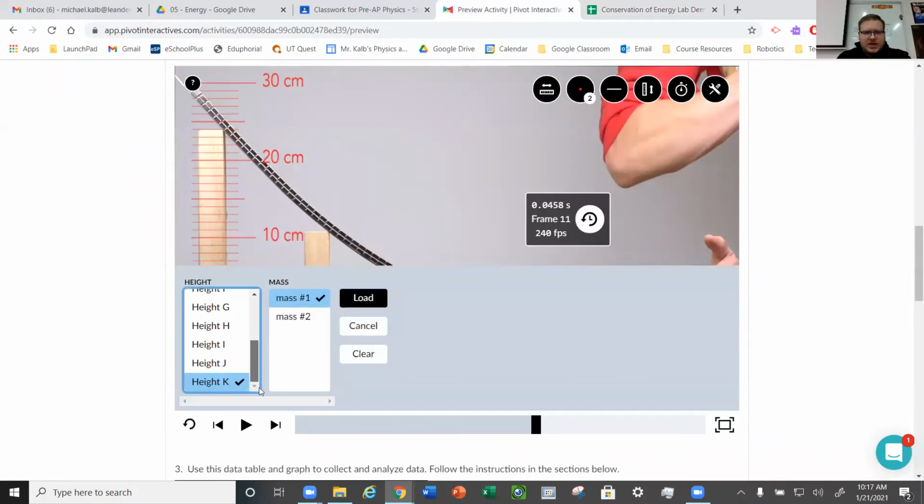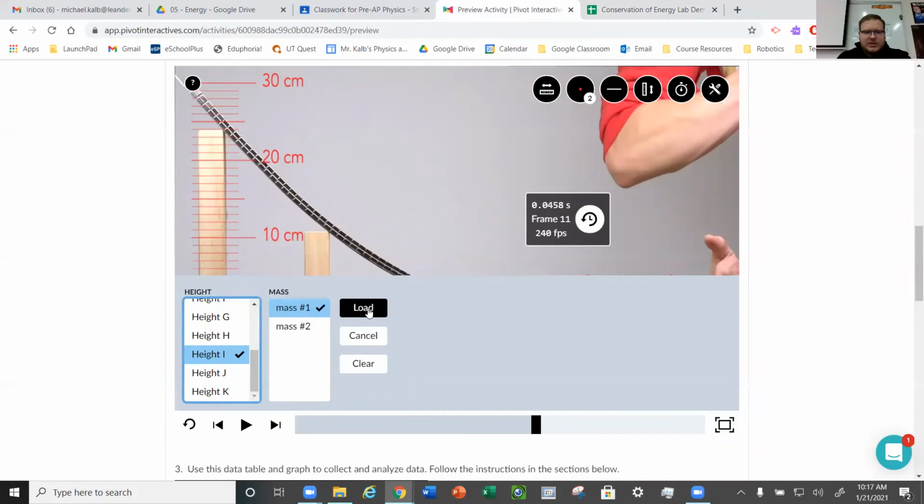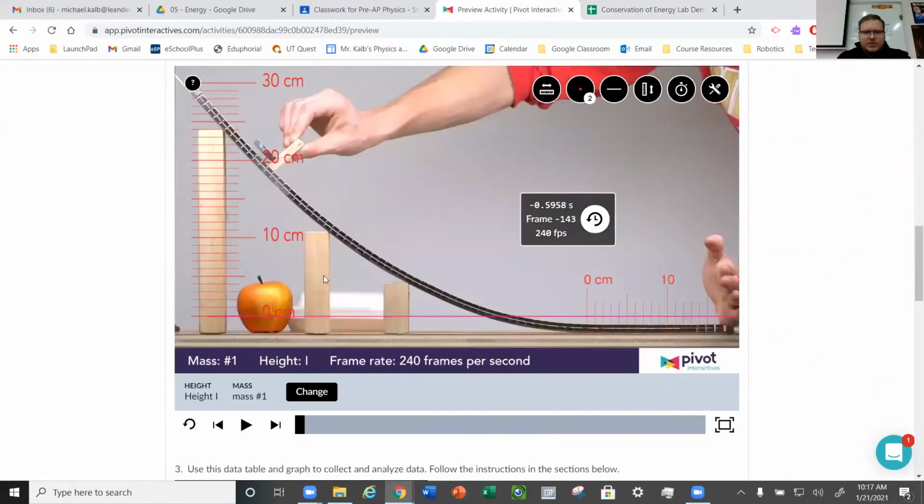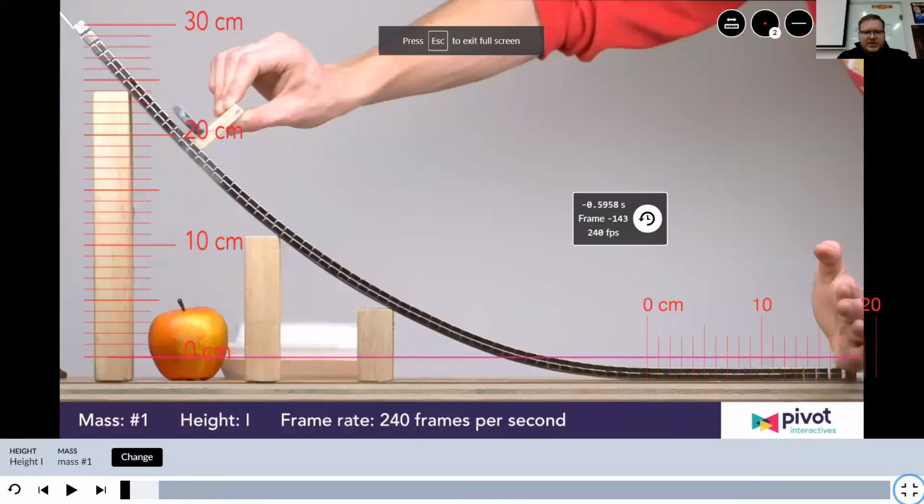Here, that was at height K. Let me do height I. Let that load. One thing I'm going to want to check, depending upon the height off the ramp they release it from, our zero line may shift a tiny little bit.